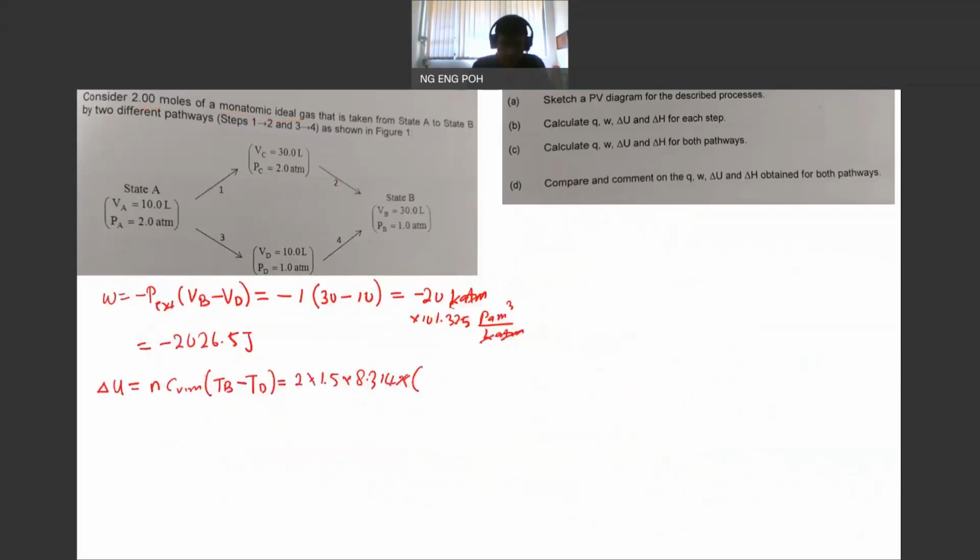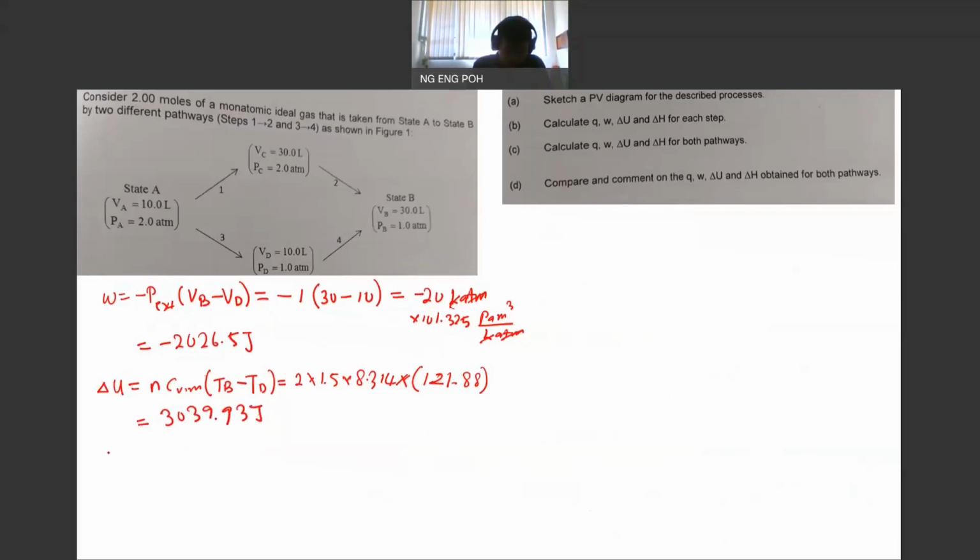So here it will be 121.88 Kelvin. So here the answer is 3039.93 joule.